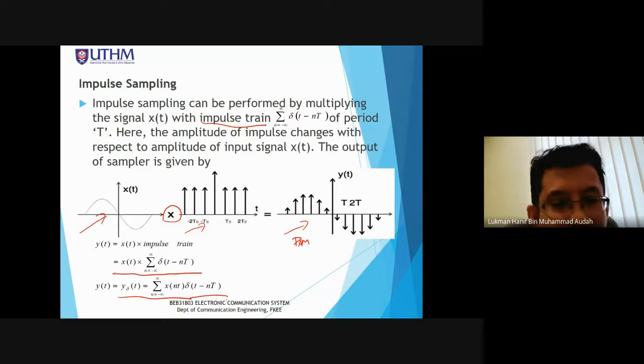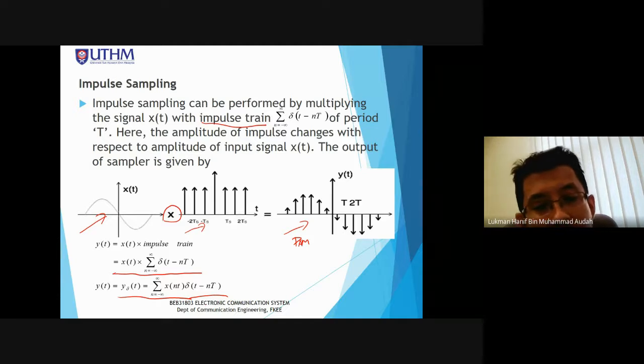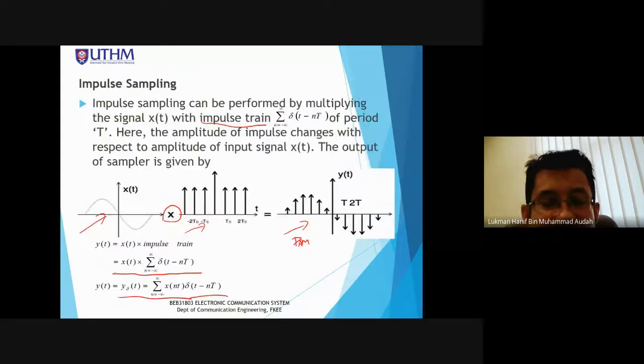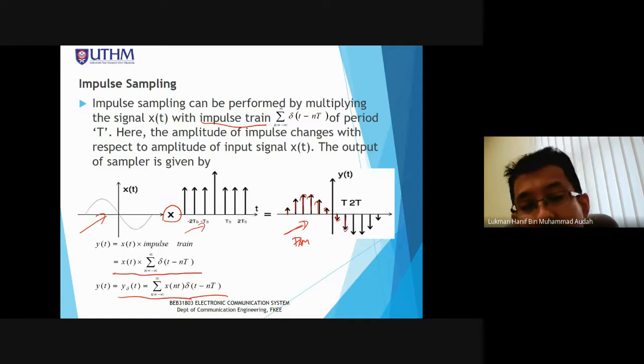Cukup sekadar kamu faham bahawa proses ini berlaku dengan secara mixing ataupun we multiply with the another signal which is the impulse train function. Okay, so this is the impulse sampling. Kenapa namanya impulse? Kerana kita menghasilkan pulse output seperti ini seperti delta function ini. So outputnya seperti berbentuk pulses pada output.